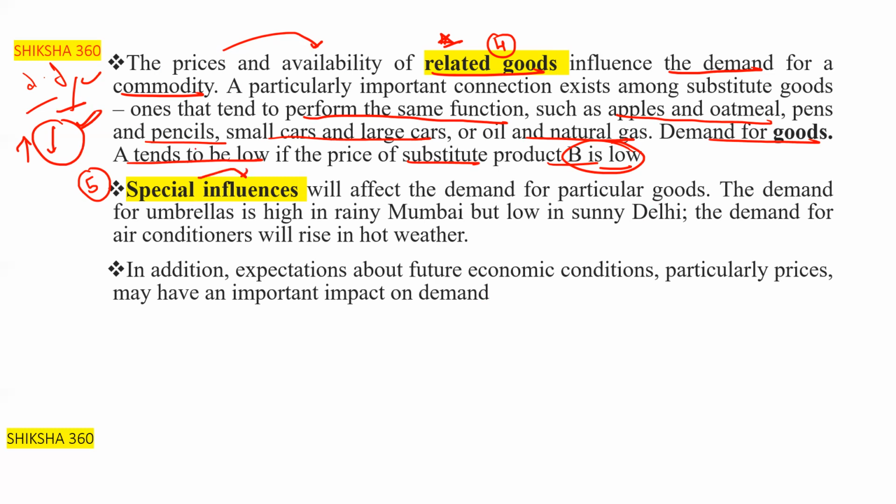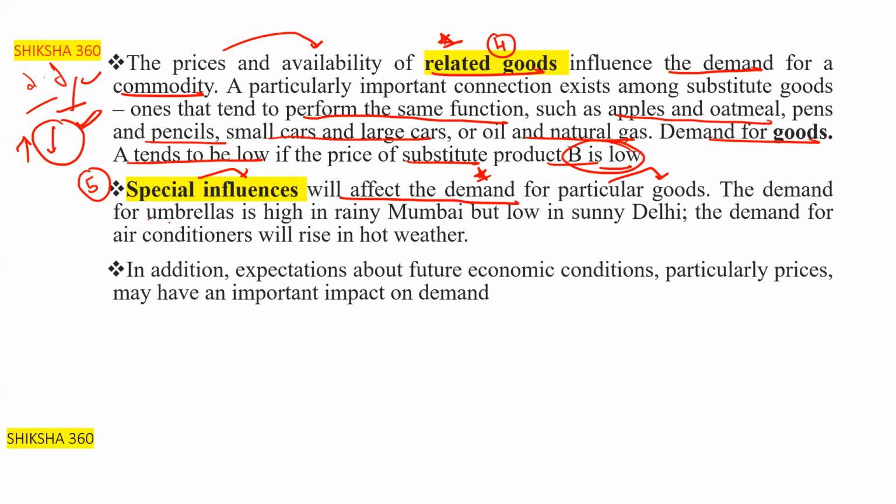Next one is special influences, with respect to the region. Special influences will affect the demand for particular goods, like the demand for umbrellas.